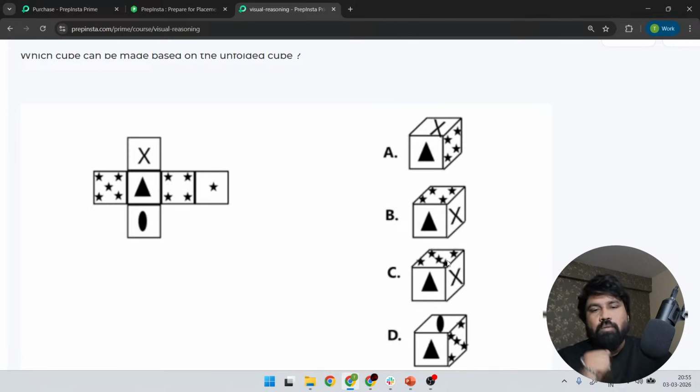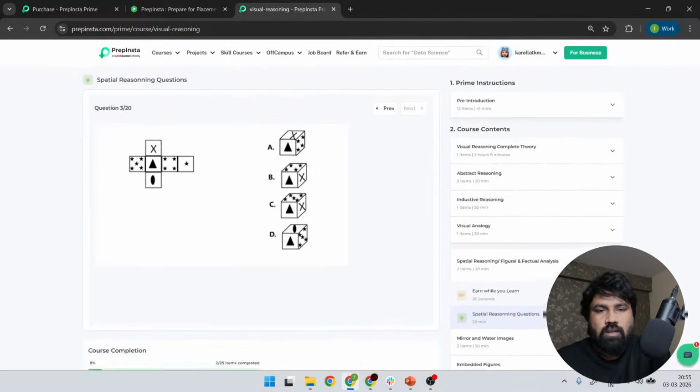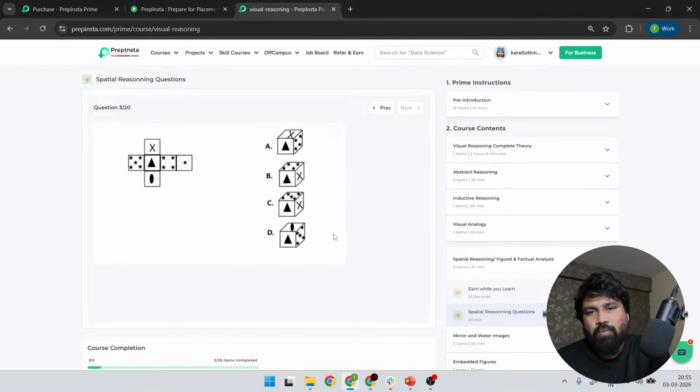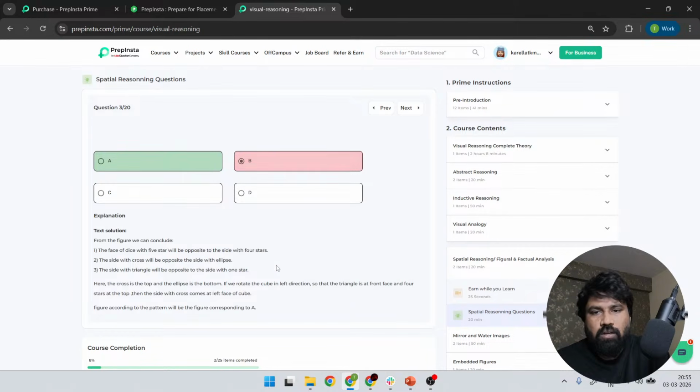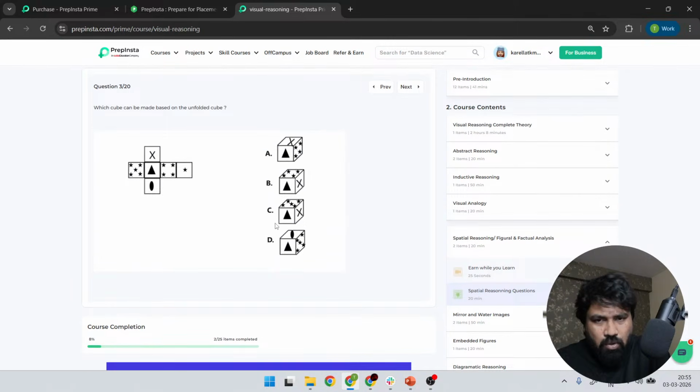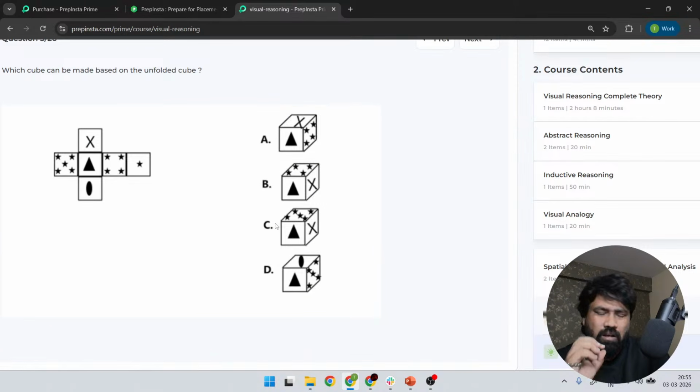So it is a different problem, guys. I will tell you. See, for example, this is another problem. Actually, this is not about the sides. This is about the pattern. See, here, if you fold, 4 stars will come to the X side and triangle will be the same.